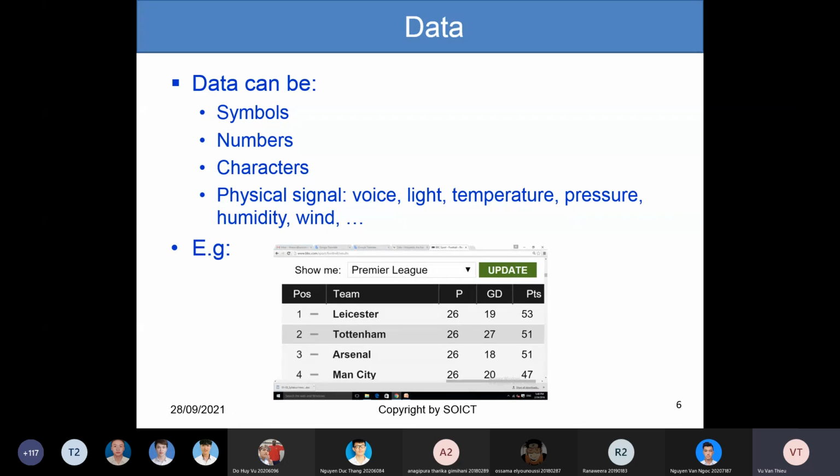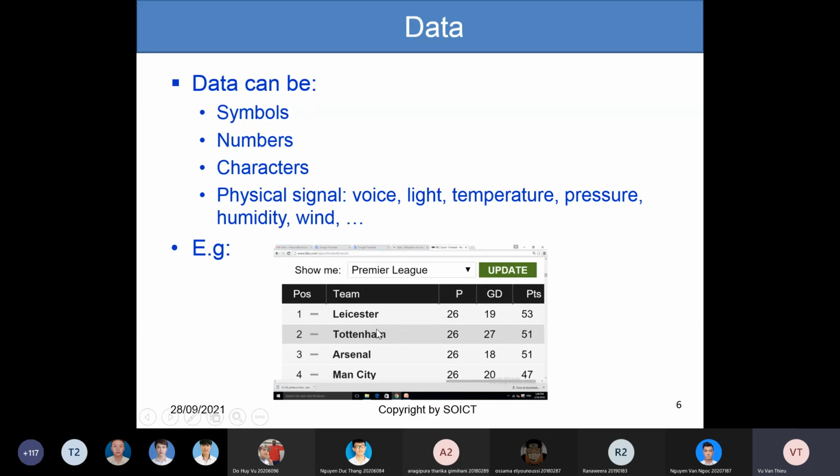So you know that information must be news, but data may not. This is an old result, but this is data. So in this table, data is numbers, characters and symbols, right? Example 26, 19, 27, these are numbers. So Leicester, Tottenham, characters, or P or GD, that is symbol. Okay, that is an example of data.